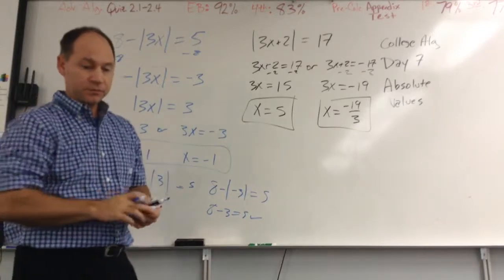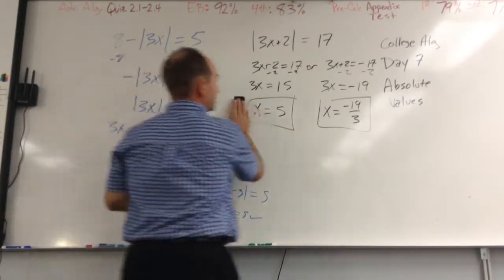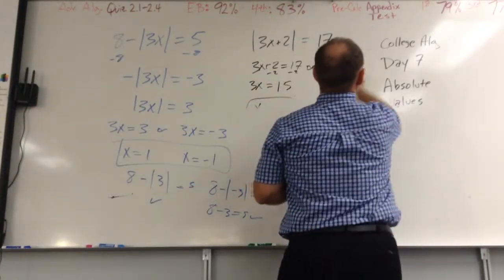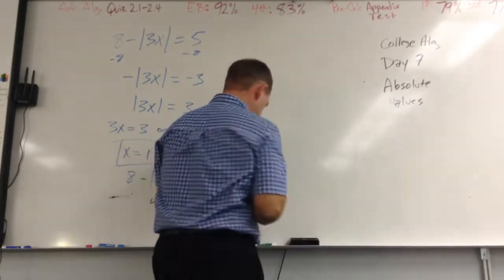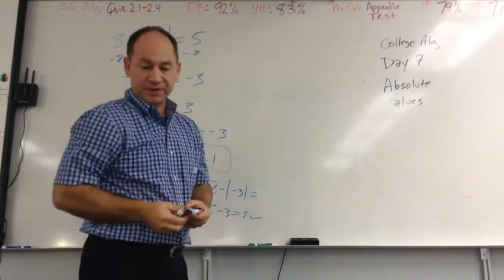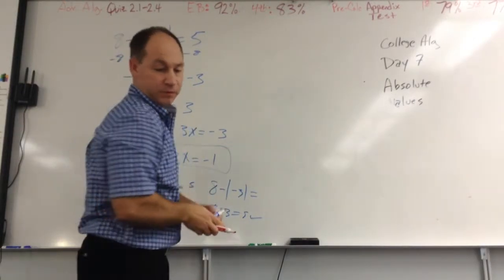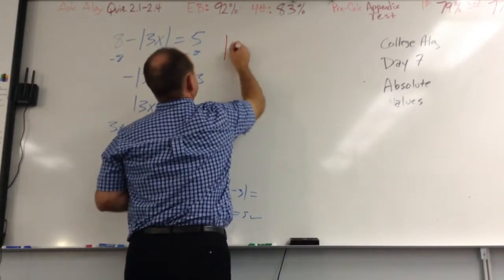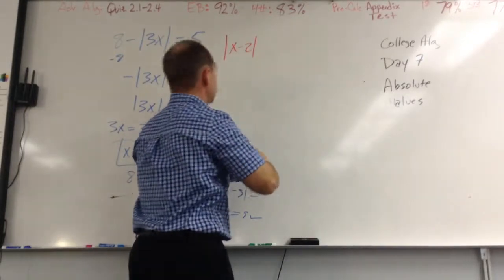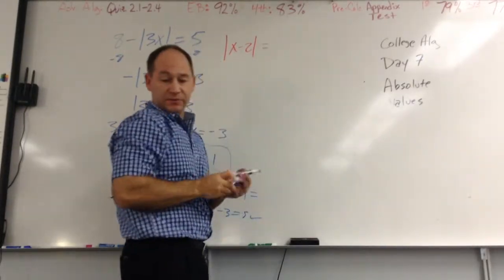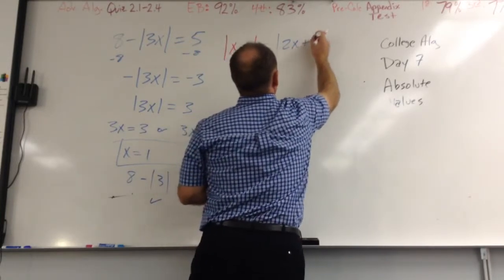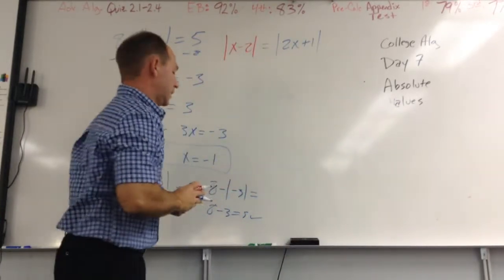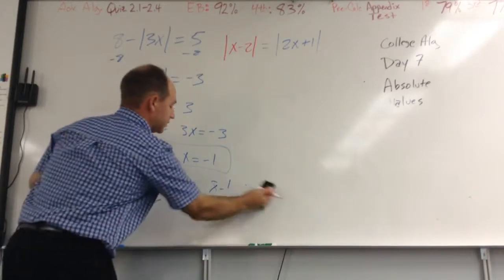Okay? The next one is kind of a tricky example, and I say that because this is still an equal to, all right? However, this one they might say that, oh yeah, the absolute value of x minus 2 equals the absolute value of something else, and it doesn't really matter what we have here, 2x plus 1. Okay? So they're calling two absolute values equal to each other.